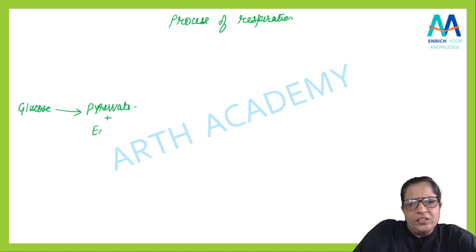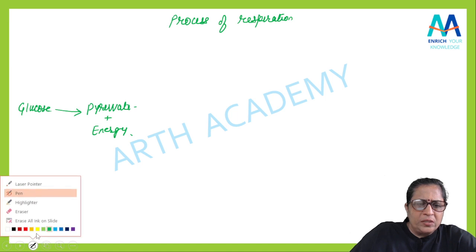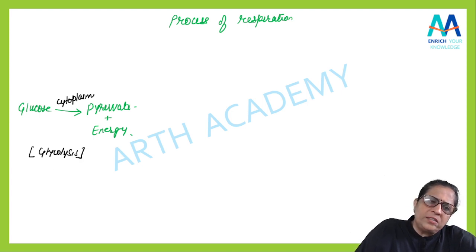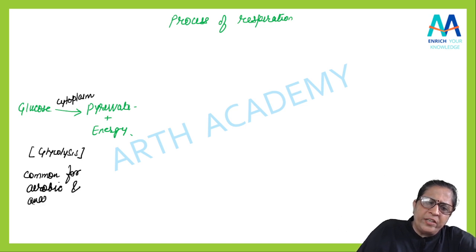With that, energy is also released. Am I right? Yeah. This process takes place in the cytoplasm, and this is called glycolysis. तो हम बोलते हैं glycolysis. The same, common in aerobic and anaerobic respiration.